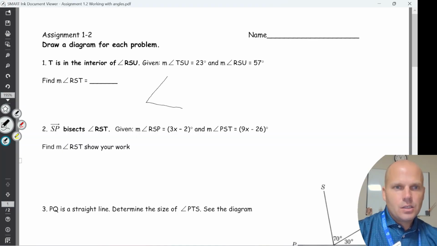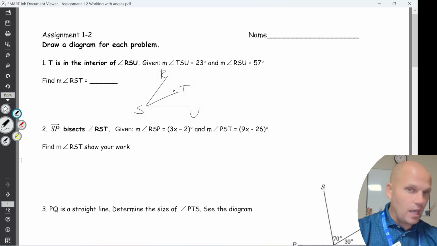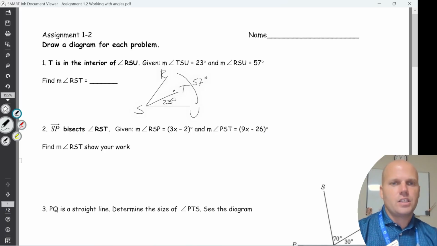RSU is the angle, so S is what we call the vertex, and T is in the interior, which means TS creates this line segment. TSU is 23 degrees. RSU is 57. And you realize, oh okay, RST plus TSU equals RSU.